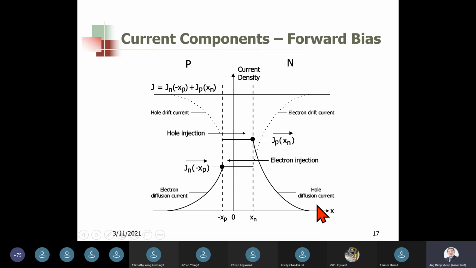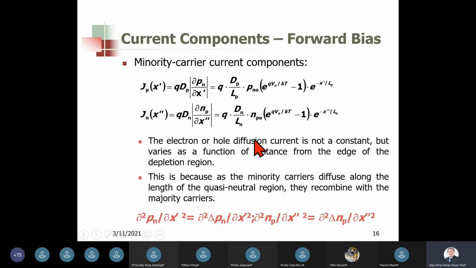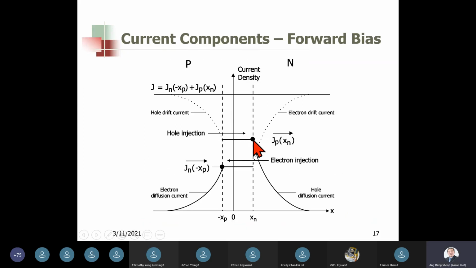Now, with this assumption, and with this value of the hole diffusion current density known at the edge of the space charge region, we can calculate this value using this equation by substituting x prime to be 0, and the rest of the parameters can be known. So Jp at x prime equals 0 can be calculated. With this value known, and with this assumption of no recombination of electrons and holes across the space charge region, this current must be a constant current across the space charge region.